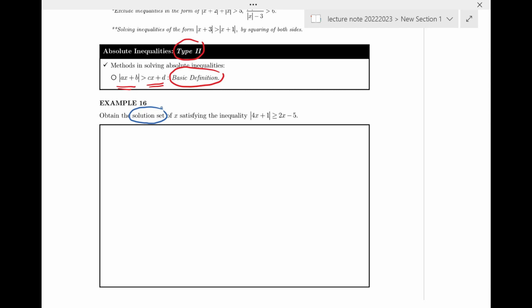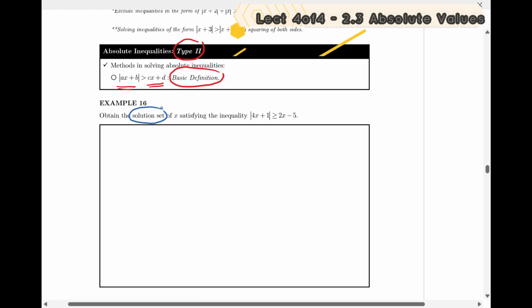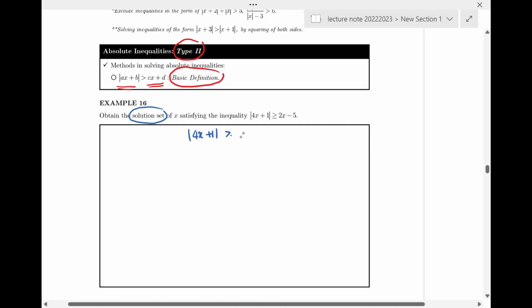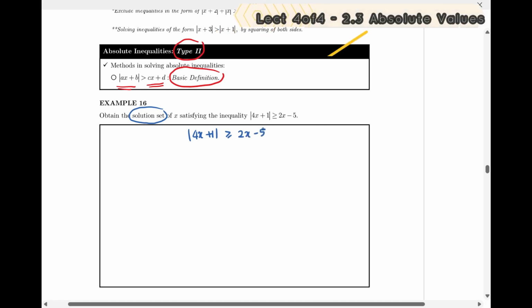Okay, so first I rewrite the inequality again, as usual. It is modulus of 4x plus 1 greater than or equal to 2x minus 5. Whenever we have only one absolute value on one side, we can use the basic definition.